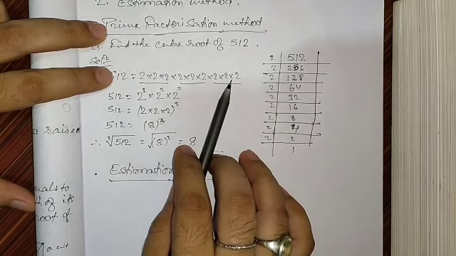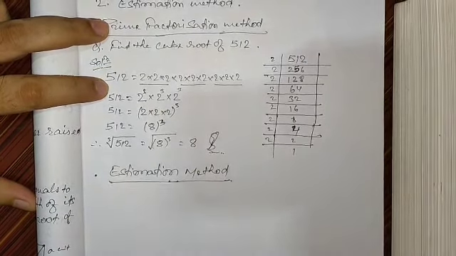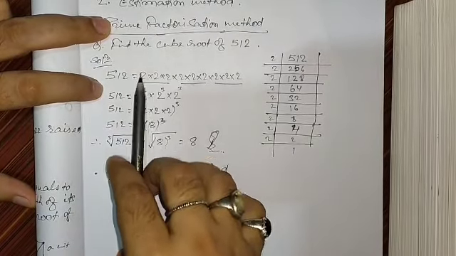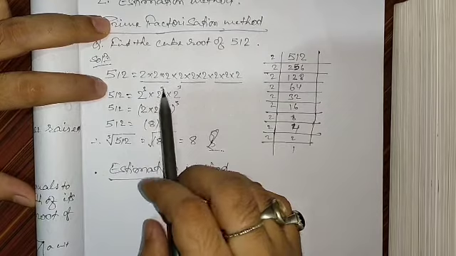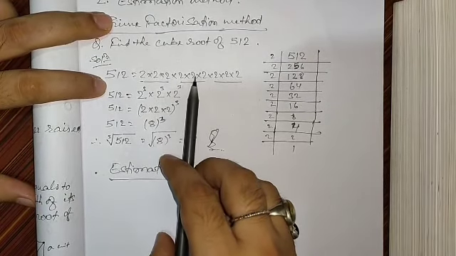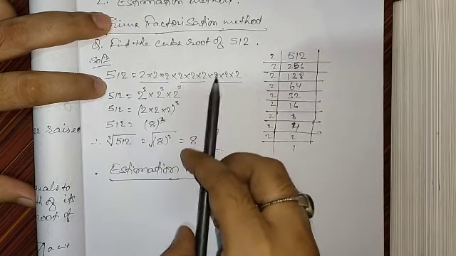Then we start grouping three numbers together. So when we group these numbers, we see 2 into 2 into 2, and then again a group of three 2s together in the product form, and here also we are getting it.